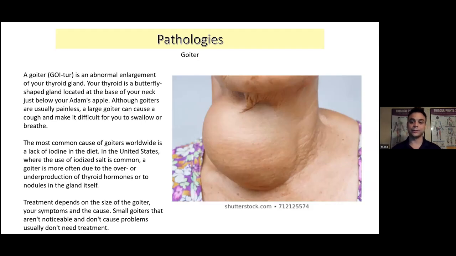When the thyroid doesn't receive iodine, it can't function properly and it swells, causing that big mass around the thyroid gland itself, which is why we have iodized salt. There was a time when iodine deficiency was a thing. Everyone's like, oh, I only eat the pink Himalayan salt. Get a little bit of iodine in the diet, especially if you don't eat seafood, since that's usually your biggest source. Anyways, goiters.